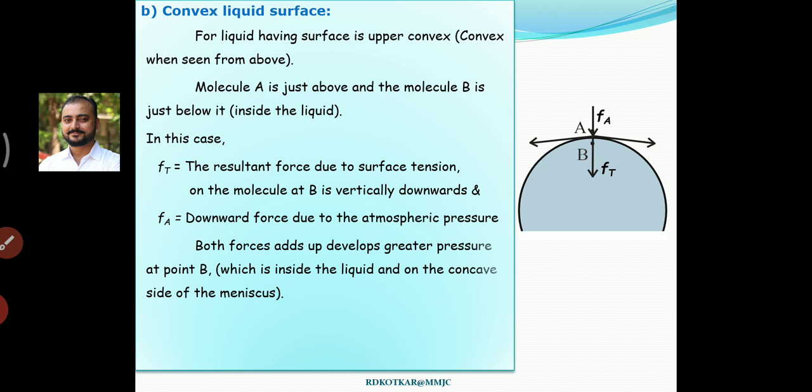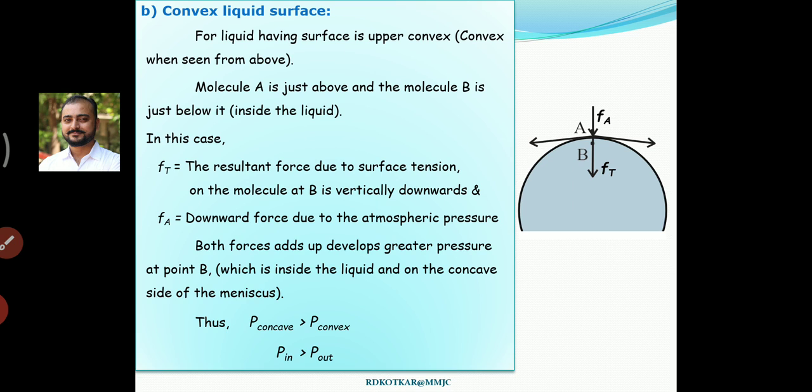Both forces are along the same direction, so they add, and this develops a larger pressure at point B, which is present inside the liquid and on the concave side of the meniscus.